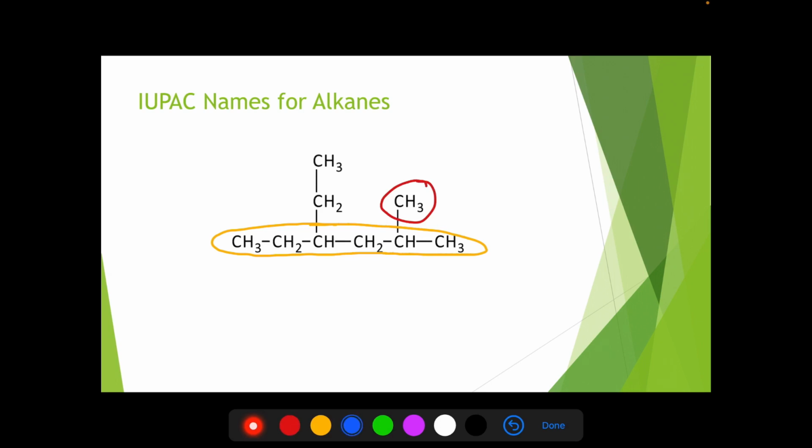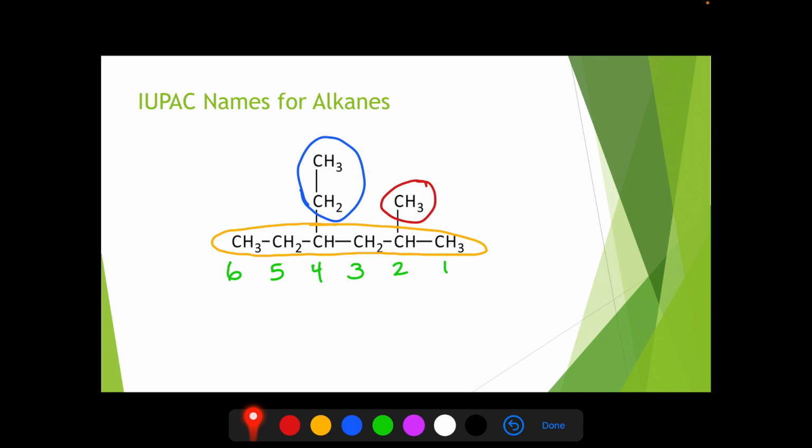There's a methyl group. Here's the ethyl group. Then I go ahead and number them. Carbon number 1, 2, 3, 4, 5, 6. Now, the reason that I started in this direction was because I wanted this branch to come first. If I would have numbered 1, 2, 3, then I wouldn't have branched until the third carbon.